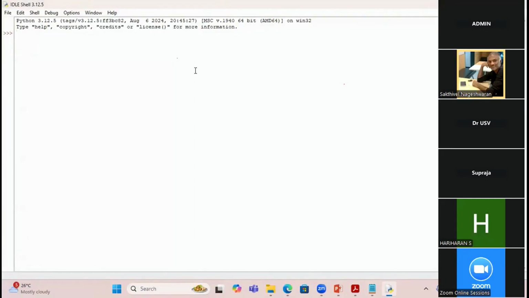The same thing in Java has a different structure. But here I just type hello world. This is called an interpreter. I can say 5 plus 3, or 7 minus 9 divided by 2. This is an interpreter where we can write without any structure.